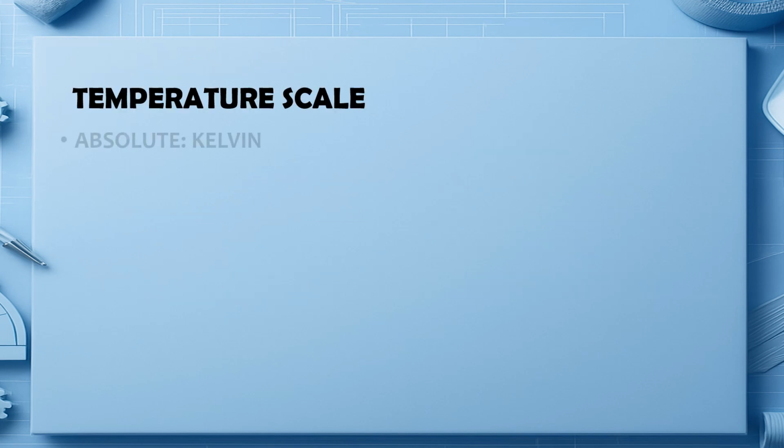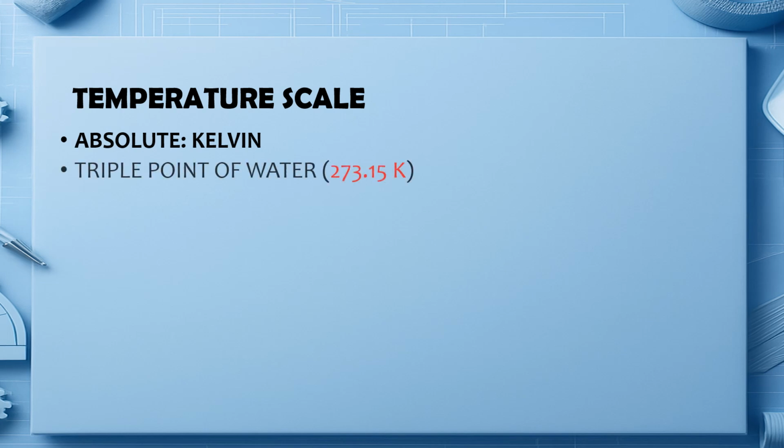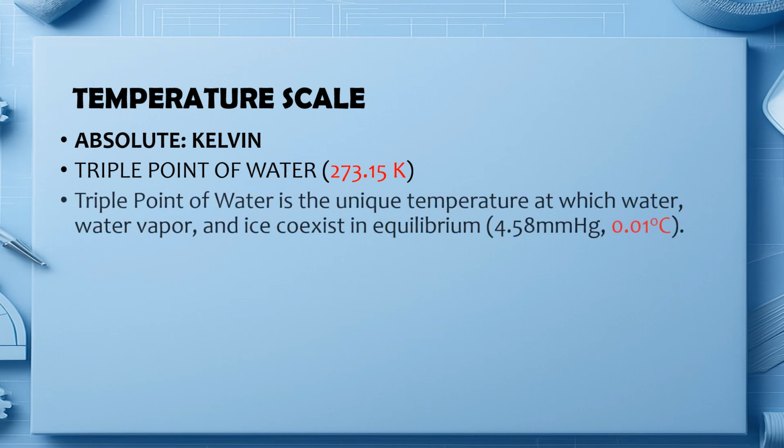We also have the absolute temperature, which is Kelvin. This is the triple point of water, which has a value of 273.15 Kelvin. The triple point of water is the unique temperature at which water, vapor, and ice coexist in equilibrium.